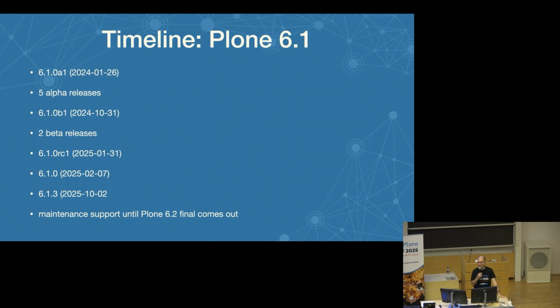And the latest is 6.1.3 currently, released last week. And Plone 6.1, that has maintenance support until Plone 6.2 comes out. At that point you are supposed to move over. And that should not be too hard. That's basically the promise when moving to a new Plone minor release. That should not be too hard. In the past it may have been otherwise, but we're trying.